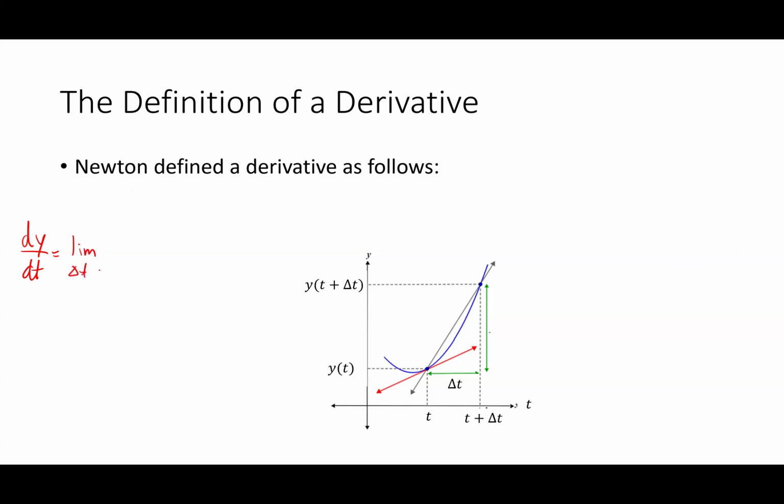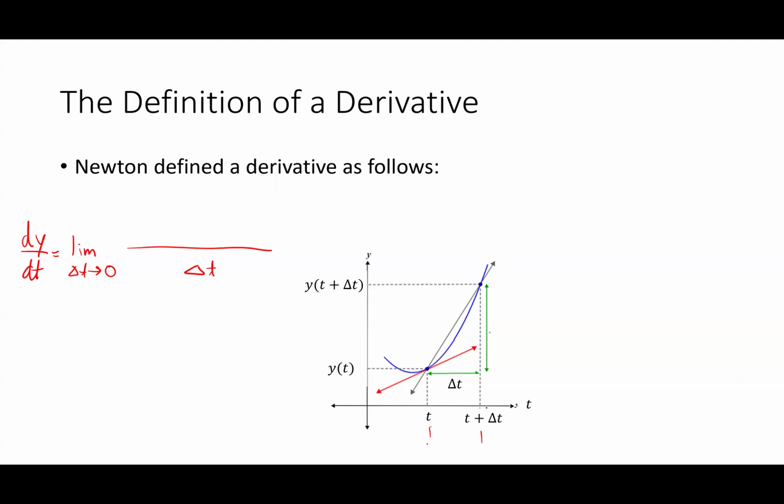Basically, this delta t, this step from t to t plus delta t, as that step gets really close to 0, it's basically what you learn for slope in algebra, right? Slope in algebra is what over what? Rise over run. So the run is delta t.